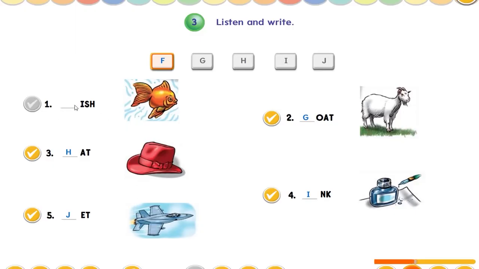Look at number 1. Fish. Fish. Goat. Hat. Ink. Jet.